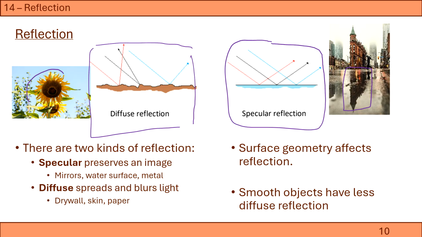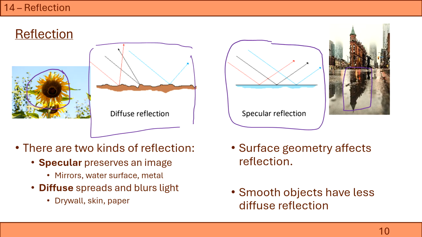Here we see that the sunflower, it's yellow and it's green. Well, it needed some light to shine on it in order to be seen. So it's reflecting light from the sun. The yellow light you see came from the sun, but then was reflected by the sunflower petals. It's not going to preserve an image that you can recognize of the light that's incoming.